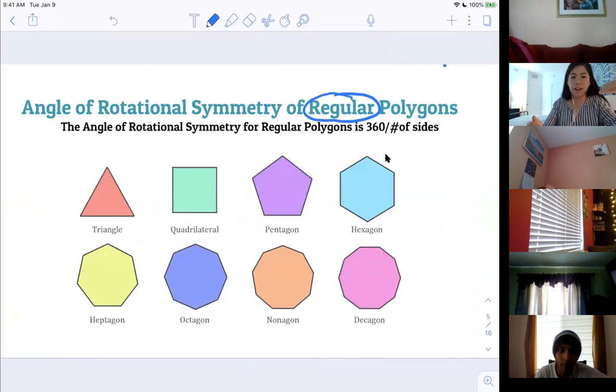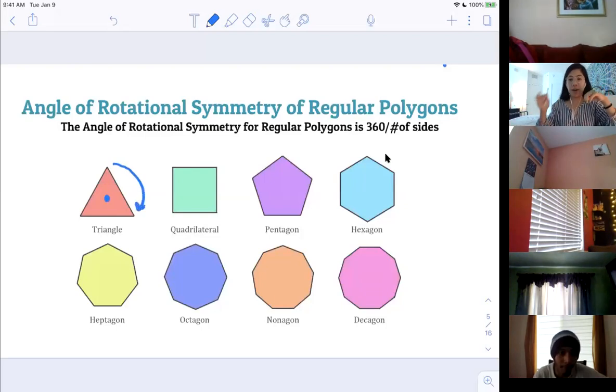A triangle has to be an equilateral triangle, in other words each side has to be the same length, in order to be regular. Whenever you have a regular polygon, you can figure out the angle that will get them, when you rotated, to line up again. For a triangle, I know it has to go a certain amount of degrees in order to line up with itself.